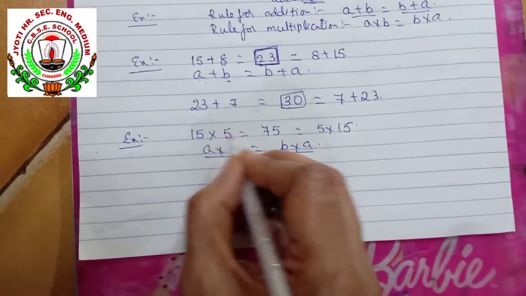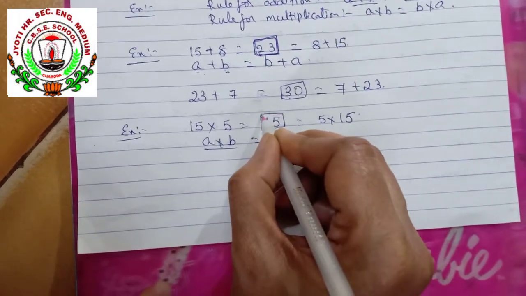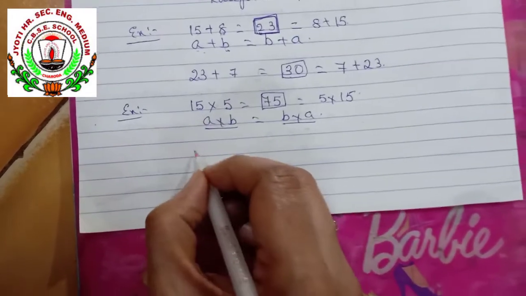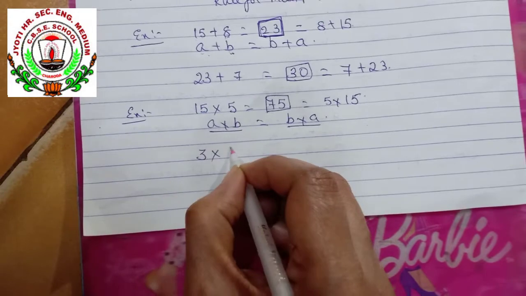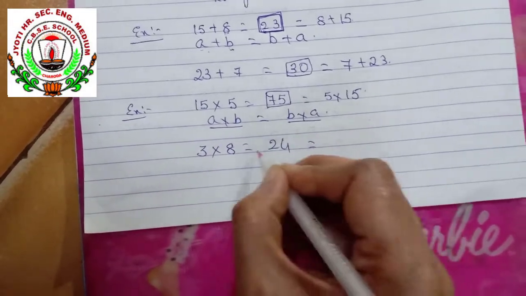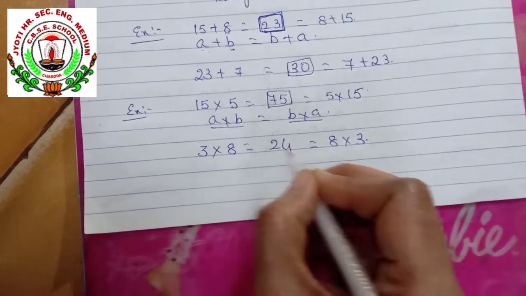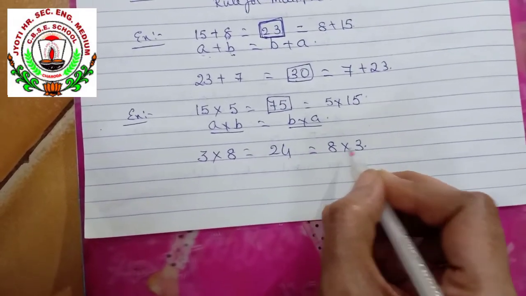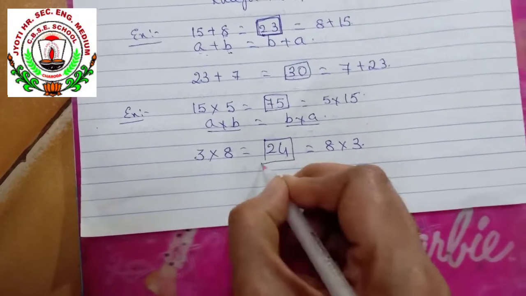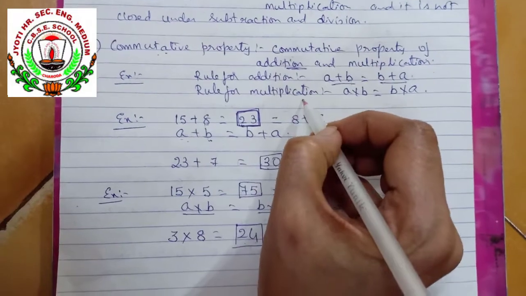One more example, when I multiply 3 into 8, 3 8s are 24, the same as 8 into 3, which is also 24. This is the commutative property for addition and multiplication.